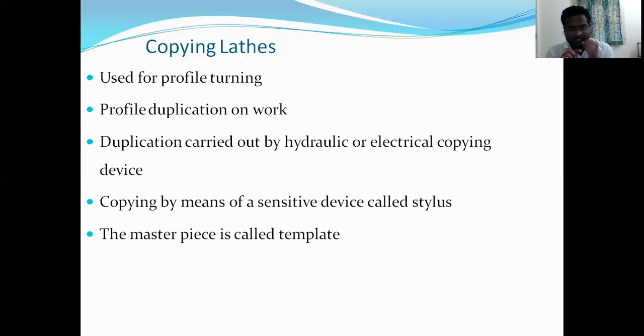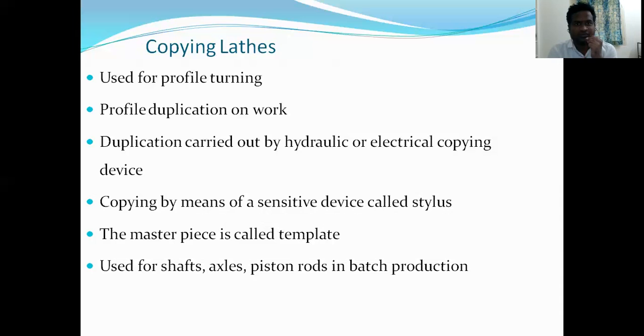The stylus is traveled on the template, and the cutting tool is also traveled on the workpiece in a similar way. So this masterpiece template is reproduced on the workpiece. That's why these are called copying lathes. Copying lathes are used for profile turning operations and profile duplication on work.